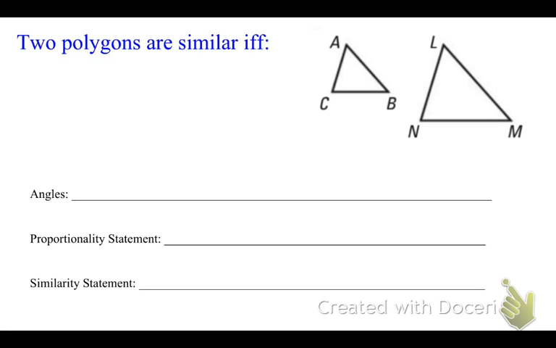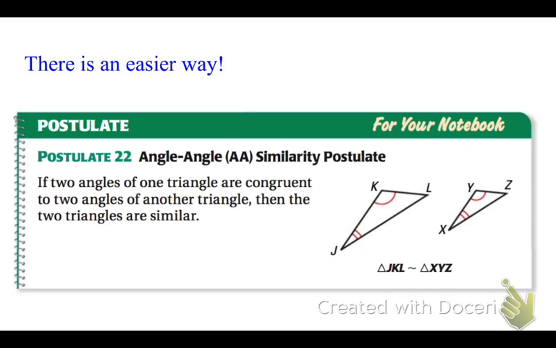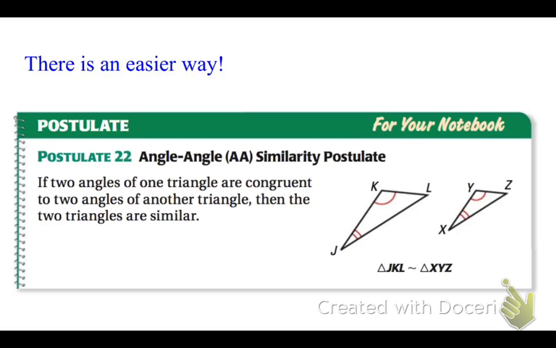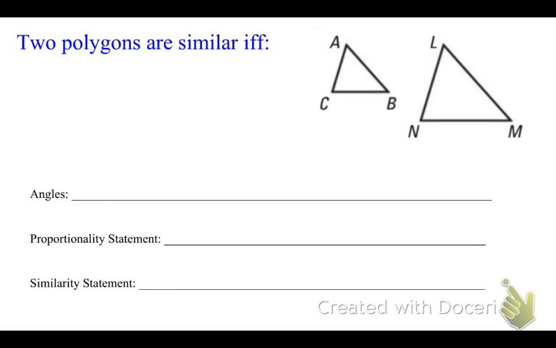Okay, up to this point, up to the quiz that you took today, we've discussed how two polygons are similar if and only if, remember IFF, their angles are all congruent.